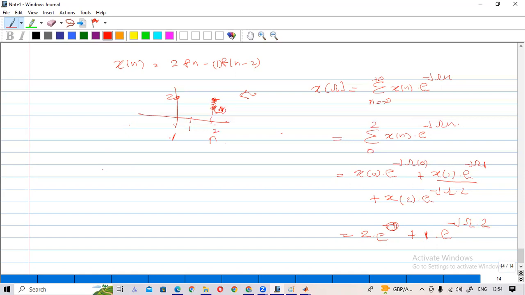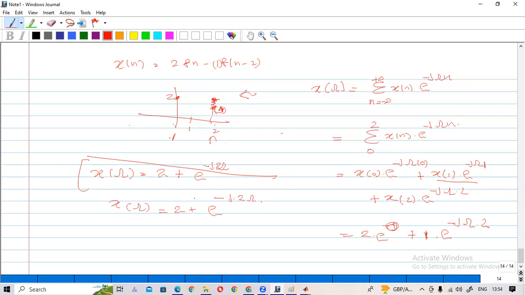So X(omega) will be 2 plus e to the power minus j 2 omega. This is the Fourier transform.